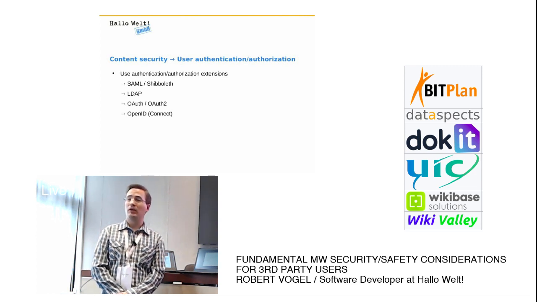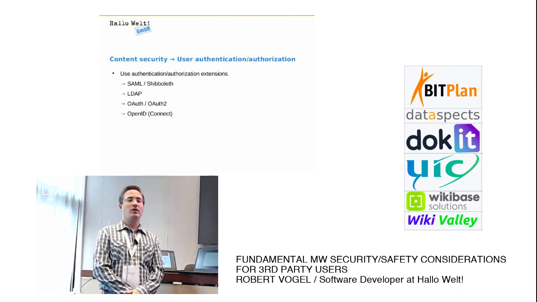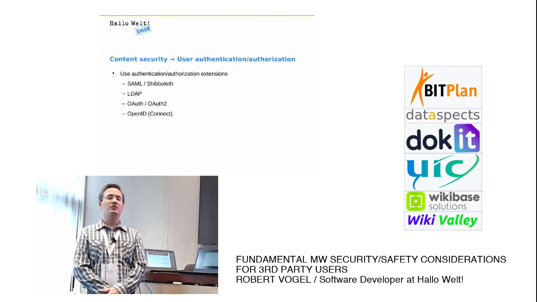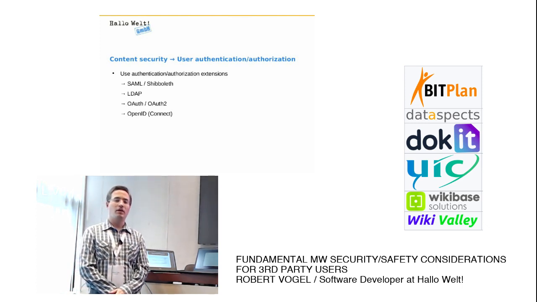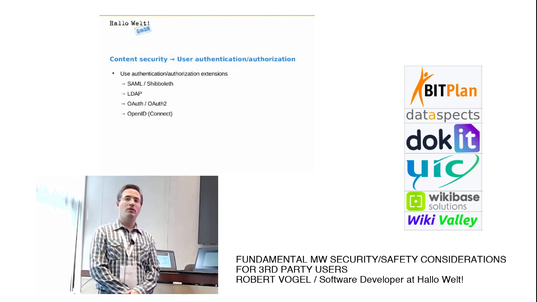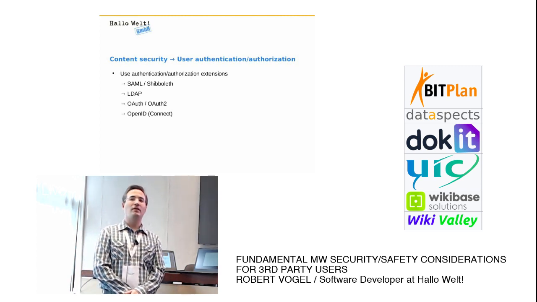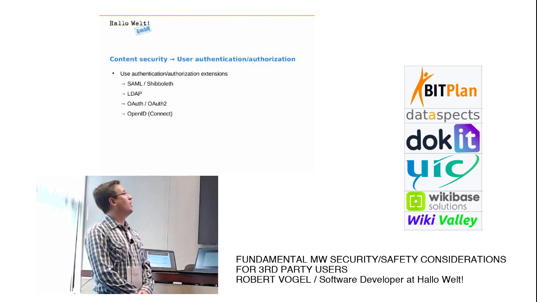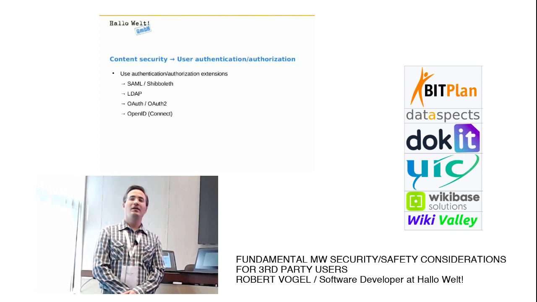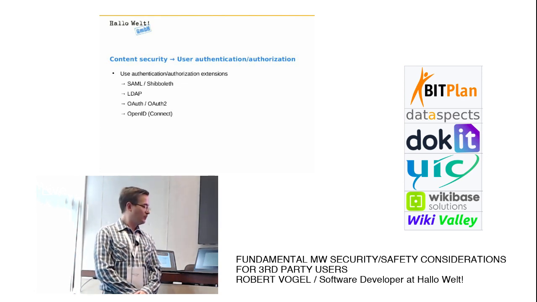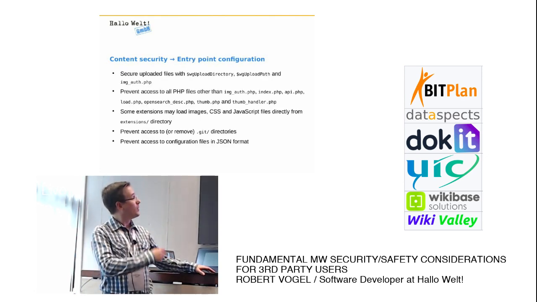If they're providing an email address, or an email address in the username, you can check that this is only enabled for a certain domain, something like that. If you're using SAML or LDAP, you can check for user groups, for example, and restrict access on that level. And for the other ones, actually, I don't know, so that needs to be investigated.